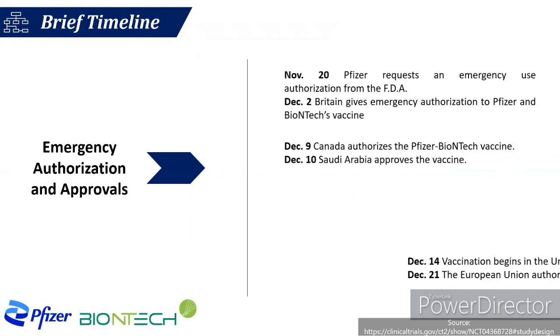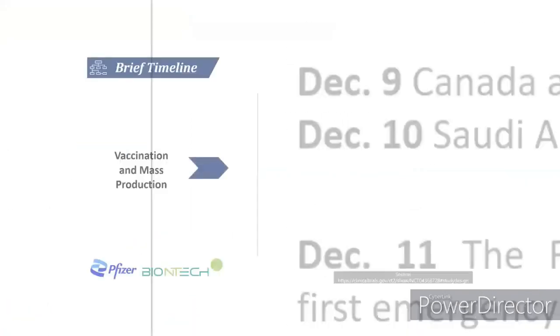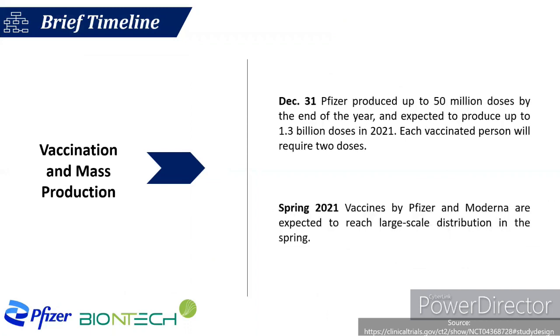Then, in November 2020, the FDA gave approval to the use of the vaccine in emergency cases, following which many countries, including the United States, Canada, and Mexico, have authorized its use for regular purposes. In 2021, it is expected to go into mass production with an aim of producing 1.3 million doses and participate in large-scale distribution.